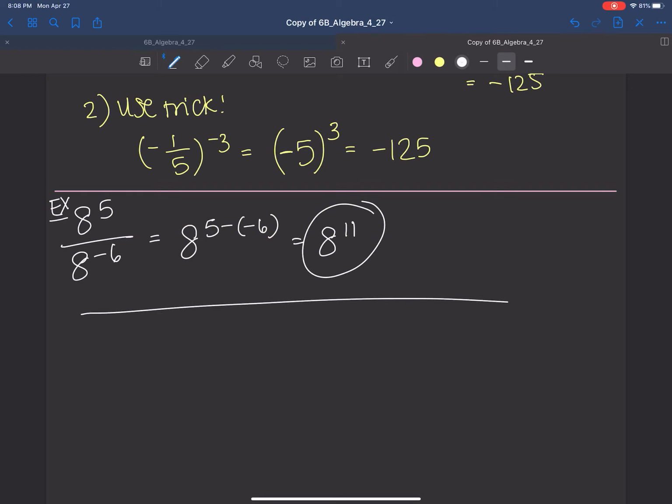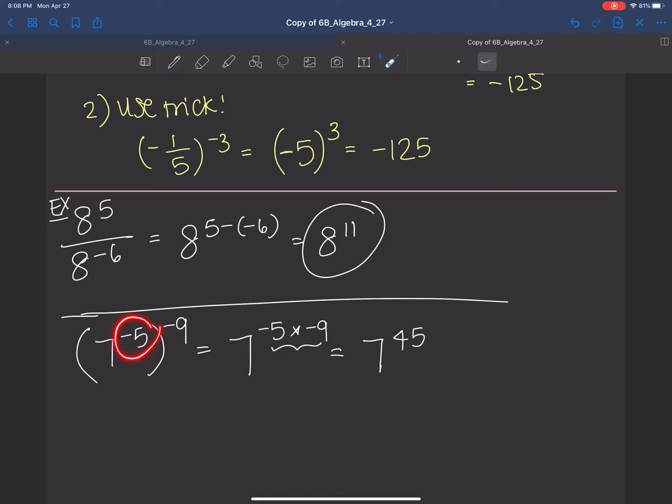Similarly, if we have something like 7 to the minus 5, and raise the whole thing to the minus 9, it's still the same as taking 7 to the minus 5 times minus 9. We just have to be careful about signs up here. So here we're going to get 7 to the 45 still, positive 45, even though we took 2 negative exponents.